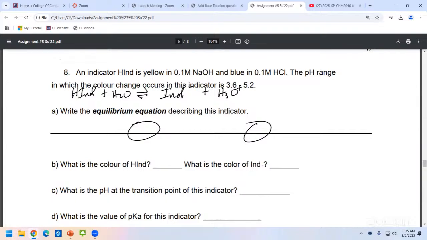Whatever you do to the system, it will try to do the opposite. If you decrease the concentration of hydronium, the system will try to increase it. So which direction will the equilibrium shift in order to increase the concentration of hydronium?